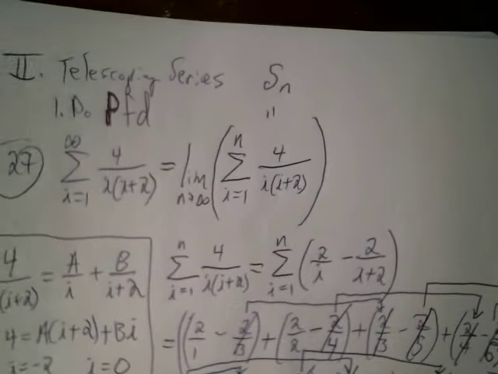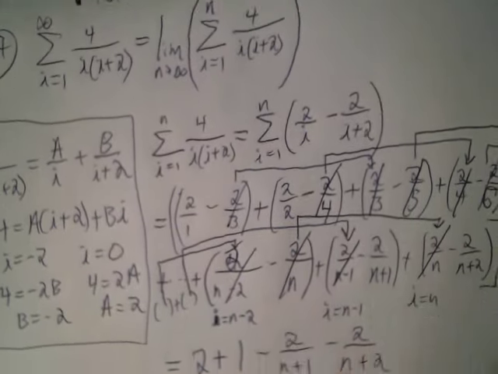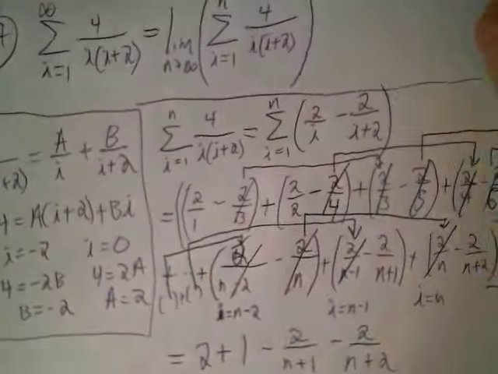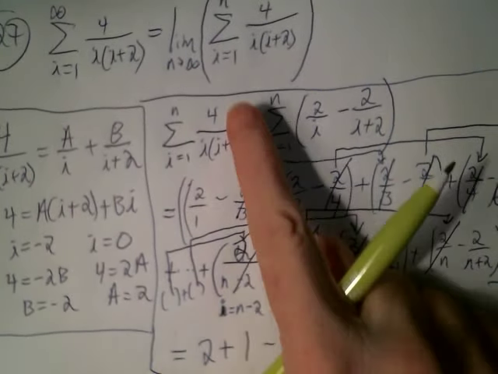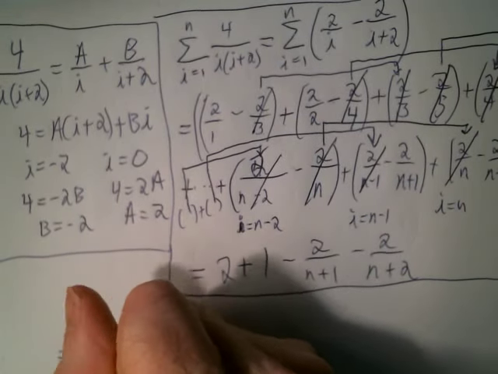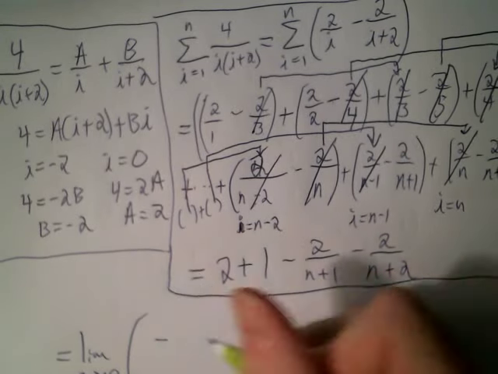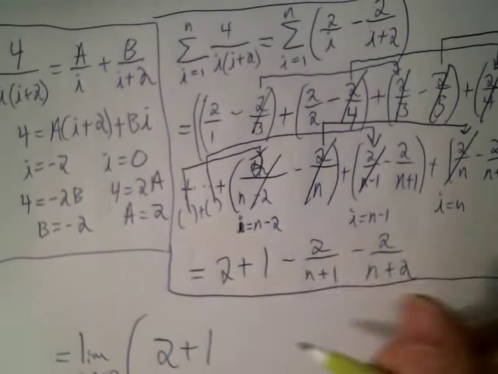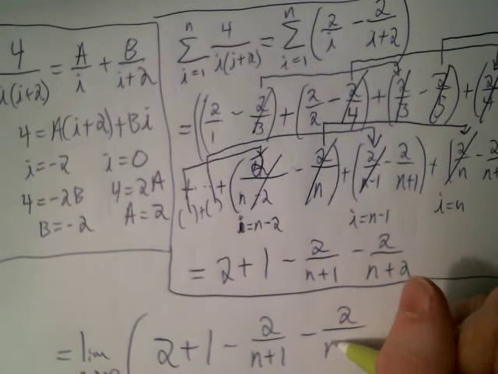So at the end, you need to put it back into this limit and actually figure out what this equals. This is just scratch work, basically. So I'm putting this formula in, and I get the limit as n goes to infinity of 2 plus 1 minus 2 over n plus 1 minus 2 over n plus 2.